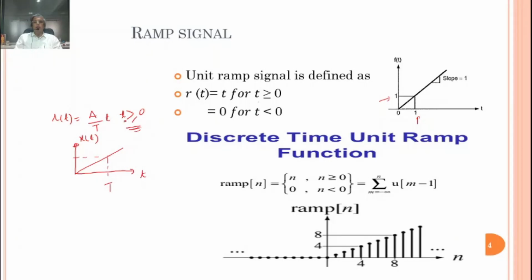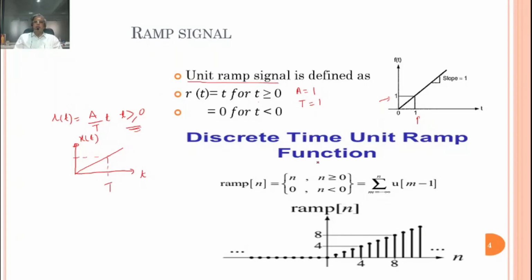And when A equals 1 and T equals 1, the slope A by T becomes 1. Sorry, A by T becomes 1, not 0, because the slope of this line is 1. Then this signal is called the unit ramp signal.